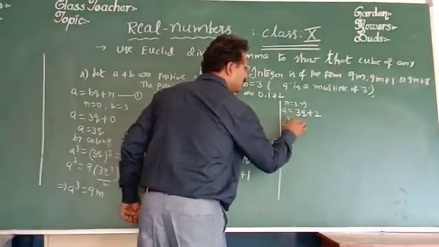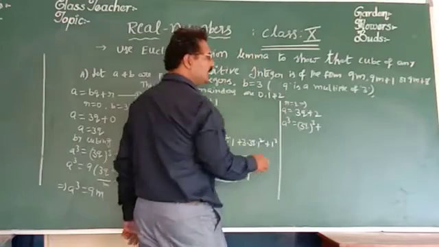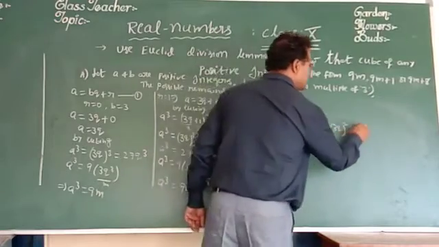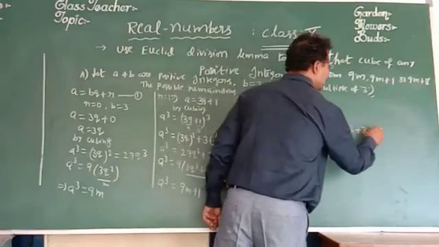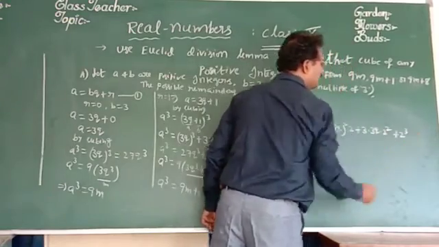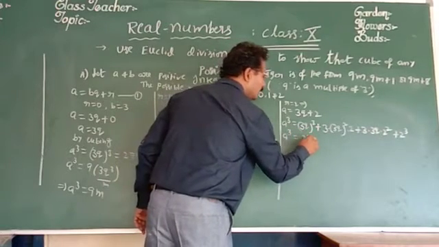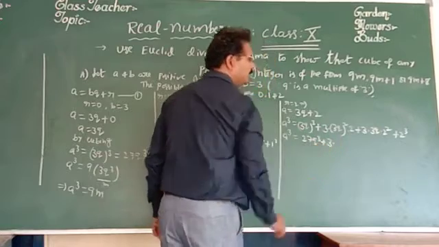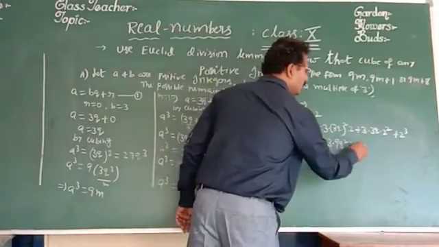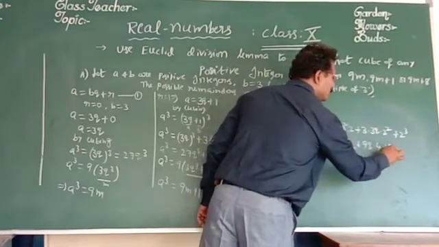Therefore a cube is equal to 3q whole cube plus 3 into 3q whole square into 2 plus 3 into 3q into 2 square plus 2 cube.